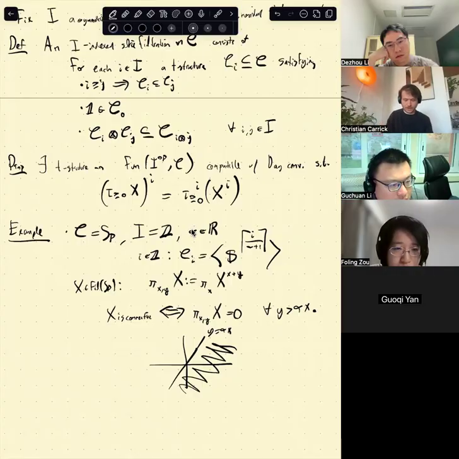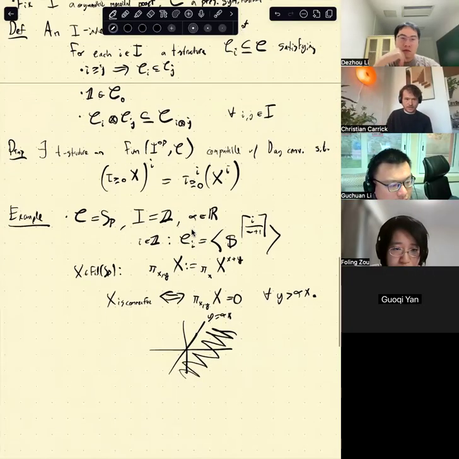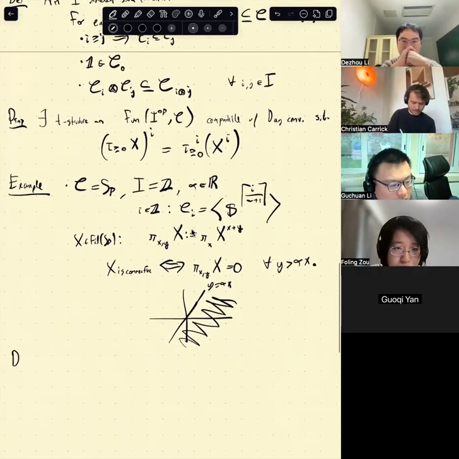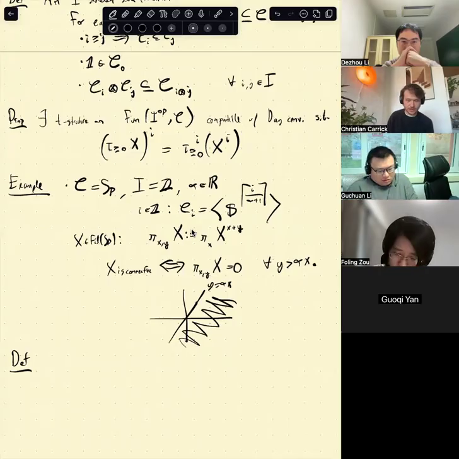So, okay. Now that I have this defined, I can define the T structure I mentioned in the beginning.